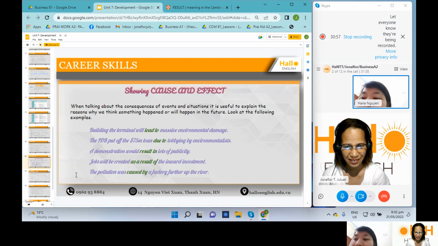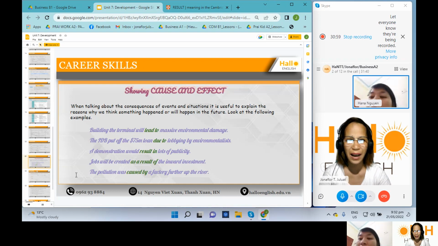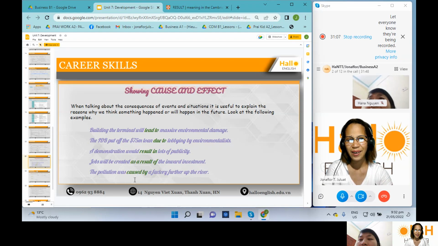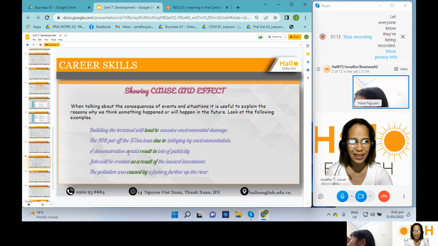Yes, caused by. So the use of caused by is very easy. The cause is the factory farther up the river. So did you understand this?